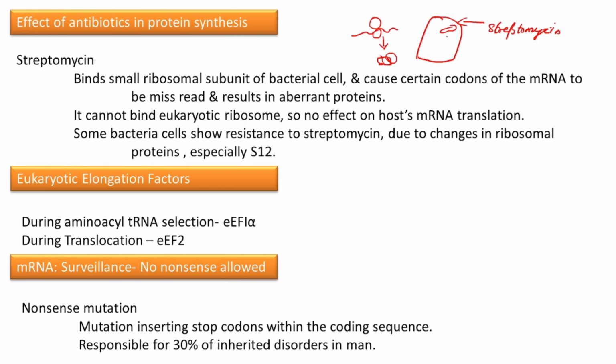In some cases, because of some changes in the ribosomal proteins, especially the protein S12, that bacteria become resistant to streptomycin. As it gains that resistance, it becomes impossible to destroy that bacteria using this antibiotic. That is sometimes happening.